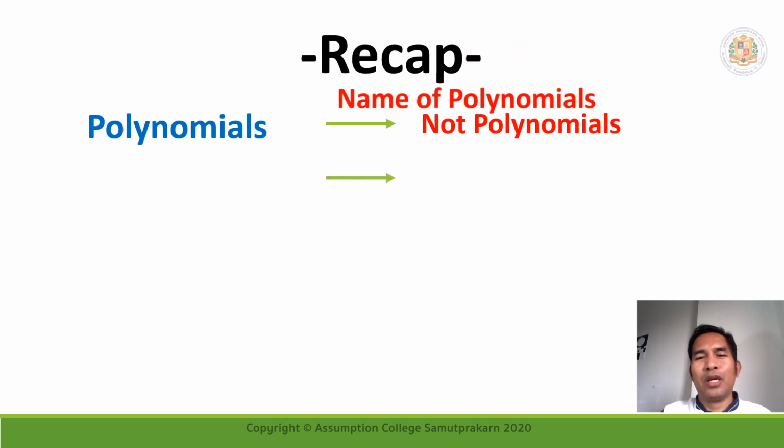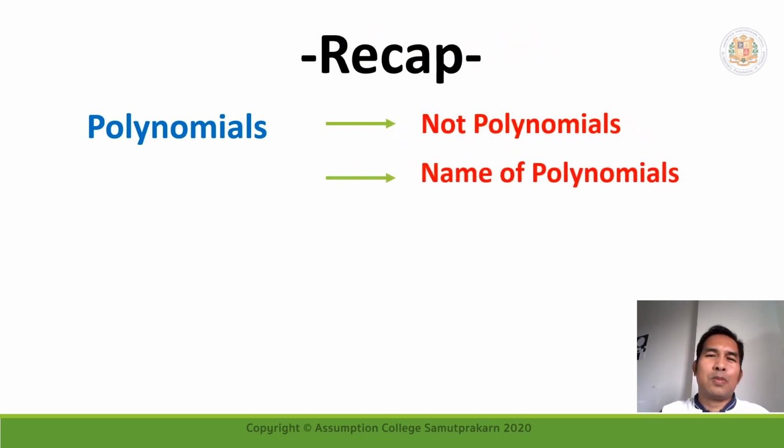Next, we also have specific names of polynomials. For one term, we call that a monomial. For two terms, a binomial. And three terms, a trinomial. Four terms or more is a polynomial. But we can also call monomial, binomial, and trinomial polynomials all in all.